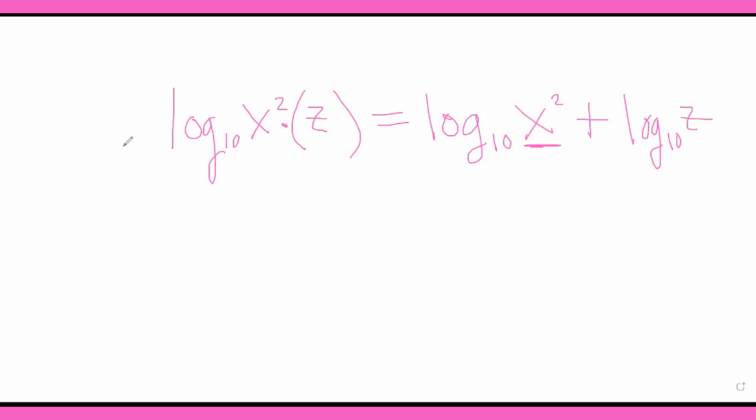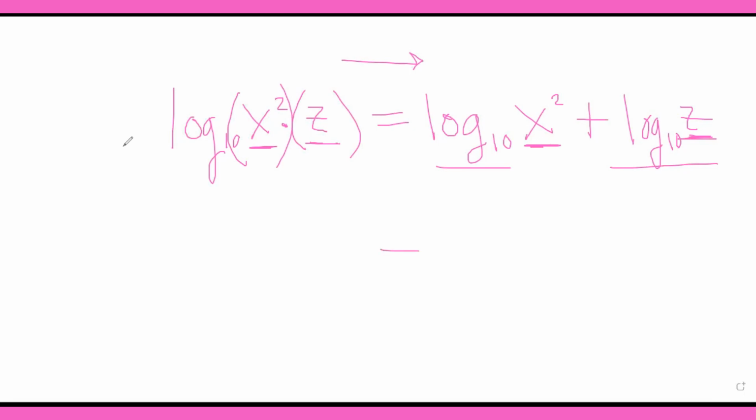So these two things were being multiplied. Now they are being added. So sometimes you just have to take note of the two things that are being multiplied. Sometimes it gets a little bit tricky as to where you put the logs. But it's called expanding when we go this way because I'm separating into two different logs. So you can see I have now two separate logs.